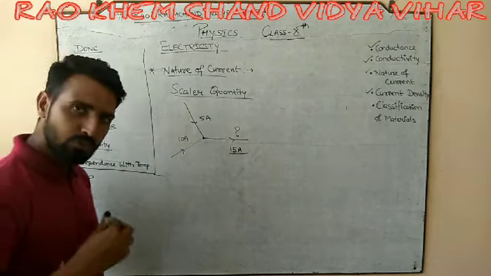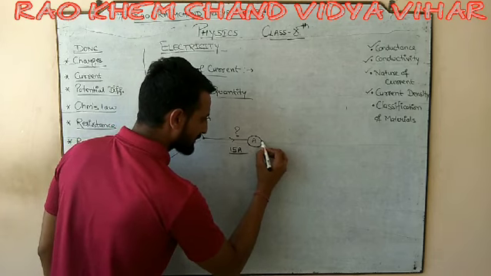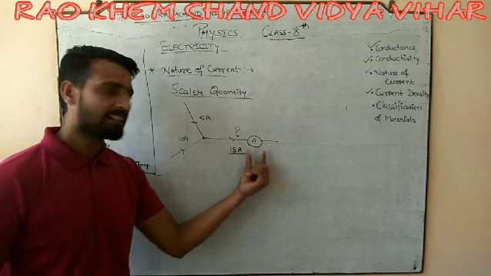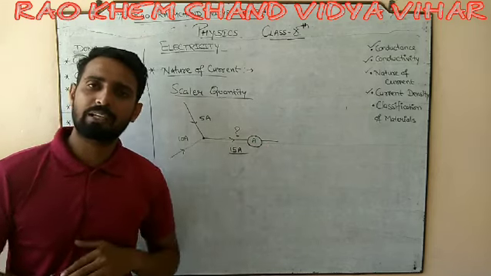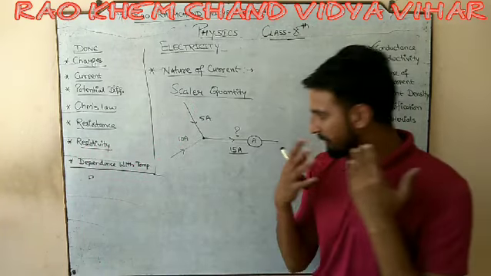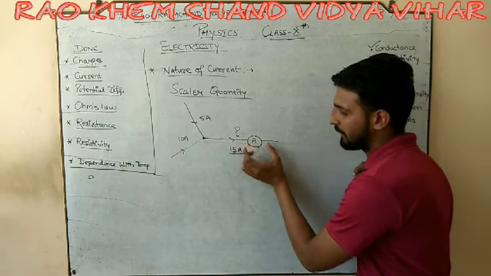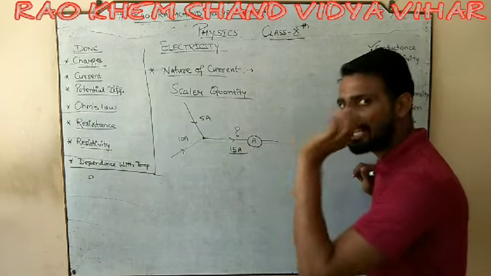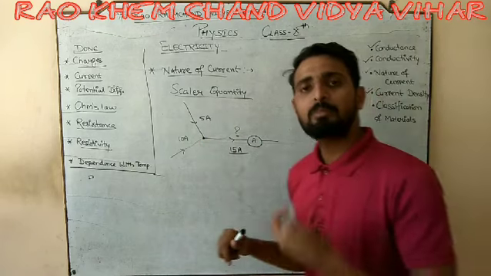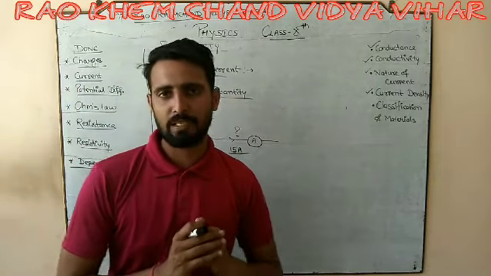And what is the device called which is used to measure the current? Ammeter. When we connect the ammeter on this side, this ammeter will read 15 ampere. It means that when we go practically and see this type of condition, we come to know that the amount of current flowing through this wire is the algebraic sum of this current and this current. Algebraic sum means the simple addition, 5 plus 10, it is 15 ampere.